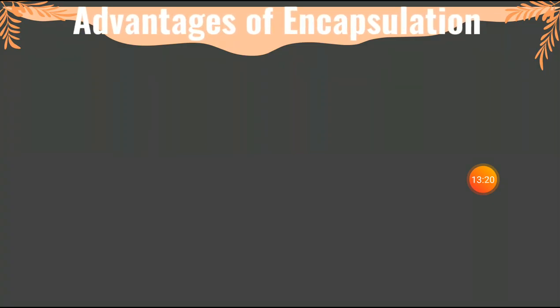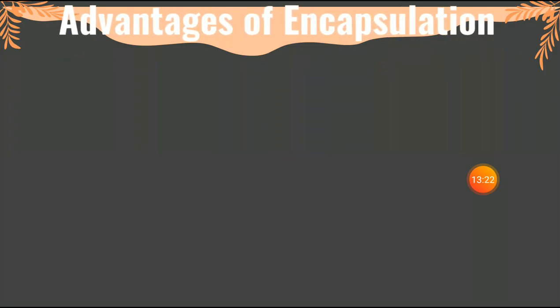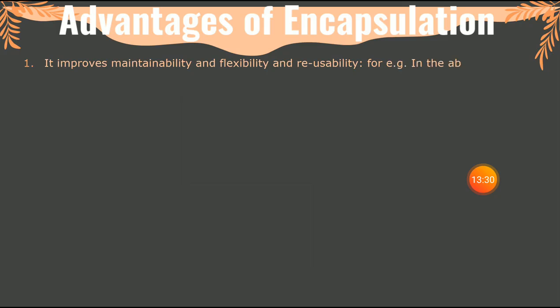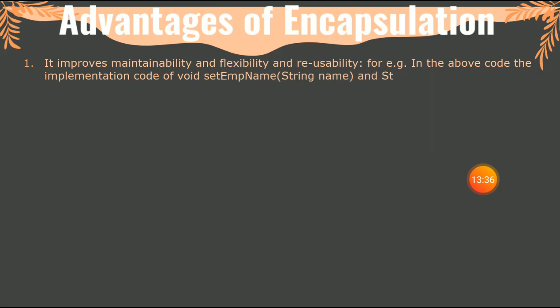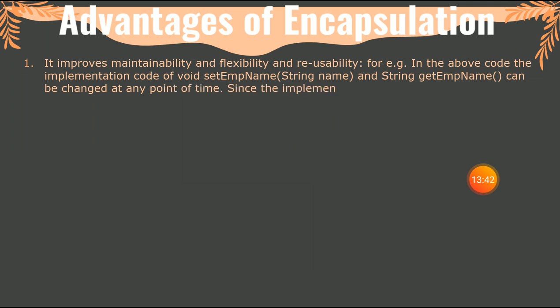Something more: what are the advantages of encapsulation? The first thing is that it improves maintainability, flexibility and reusability. For example, in the above code, the implementation of void setEmployeeName(String name) and String getEmployeeName can be changed at any point of time.